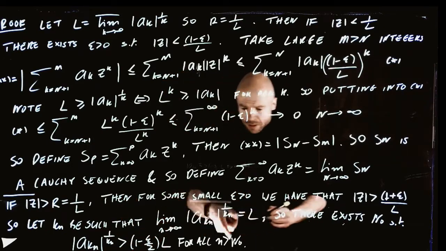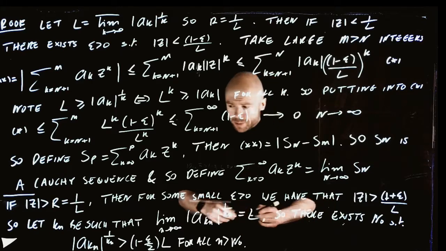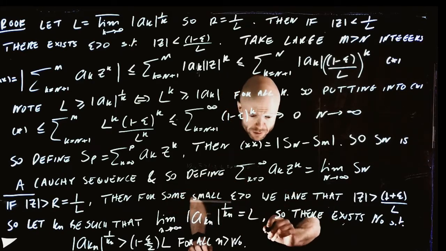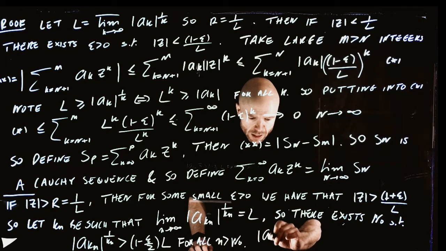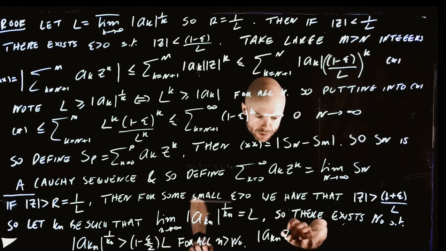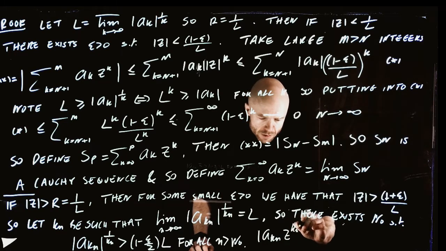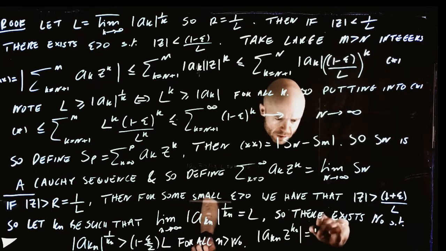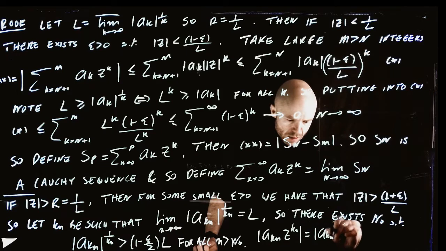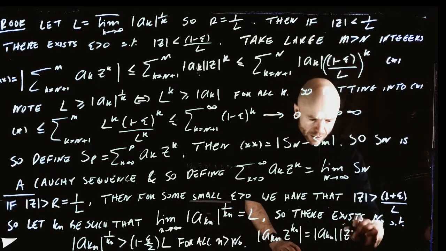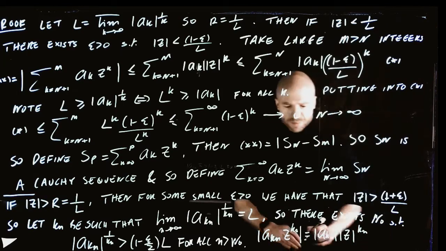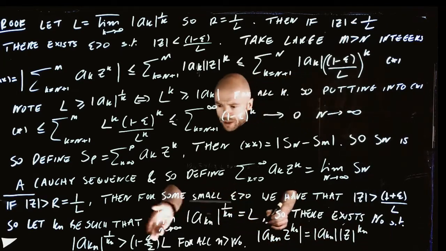Cool. So take n to be bigger than this particular n_0 and then look at these terms. Let's take the absolute value of a_{k_n} z^{k_n}, that is |a_{k_n}| times |z|^{k_n}, and then we're going to use what we have.